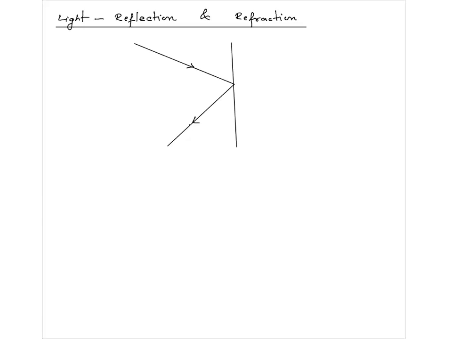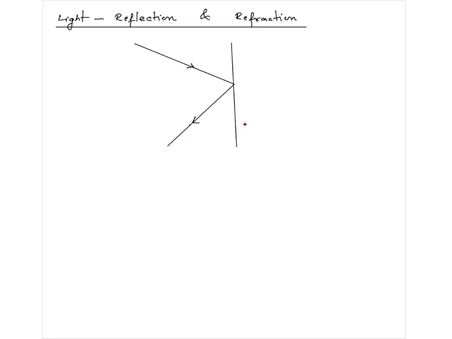Now, I don't think we'll be getting too much into these things. Let's see what comes later on. But at this point, when we talk about reflection, we don't have to talk about different components of light. Just think of a ray, and that ray travels, and the simplest case possibly is of a plane mirror.